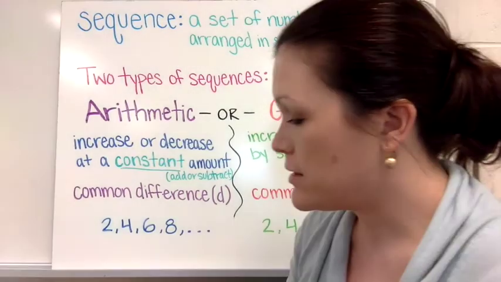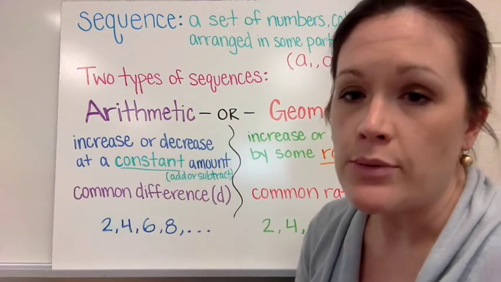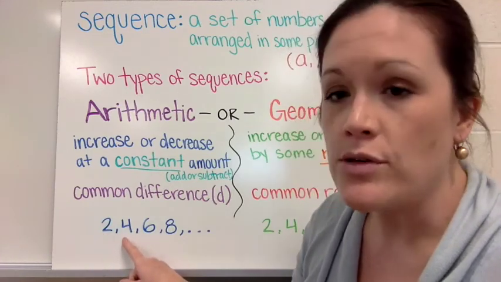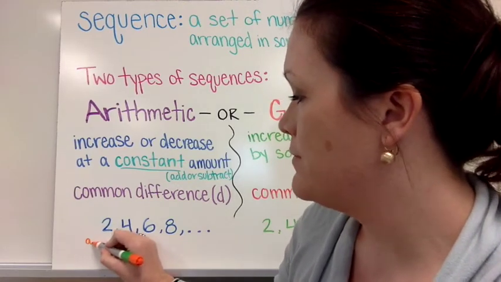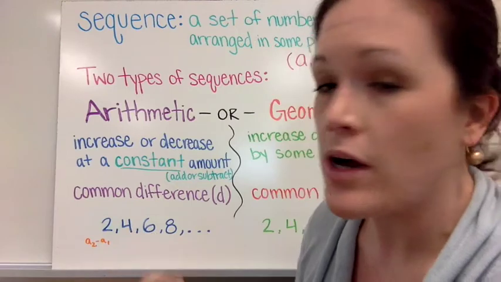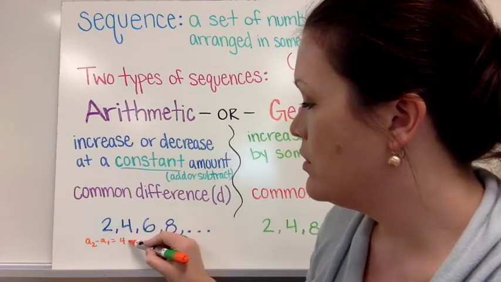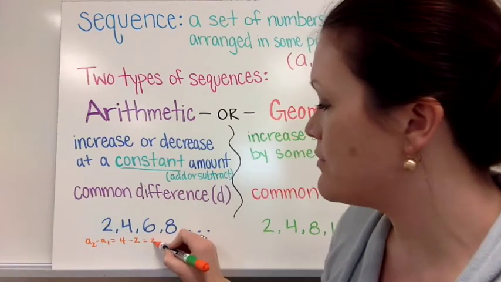So let's look at some examples right here. This one is going to be arithmetic, so let's see what happens. You look at the first compared to the second, and one way you can do this is say a2 minus a1 to figure out the common difference. So a sub 2 is 4 minus a sub 1, which is 2, will give us a common difference of 2.